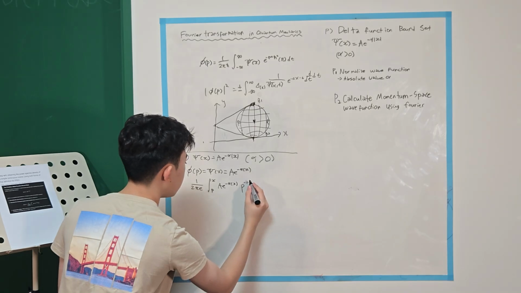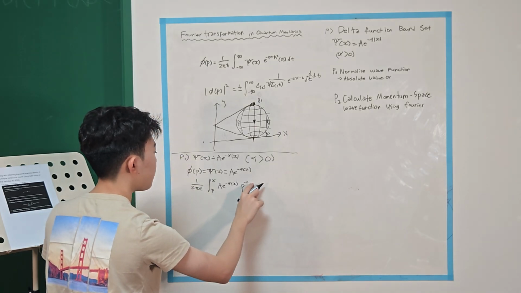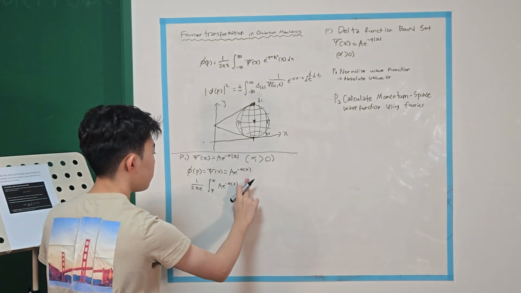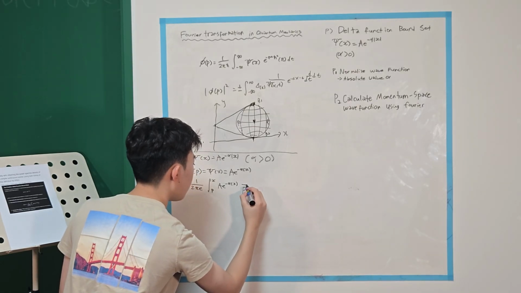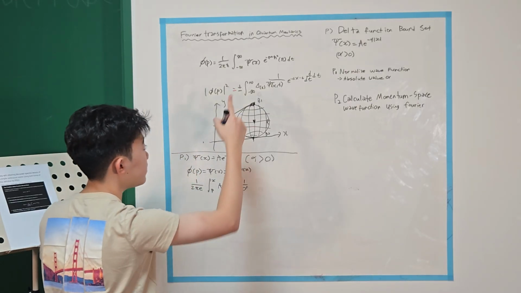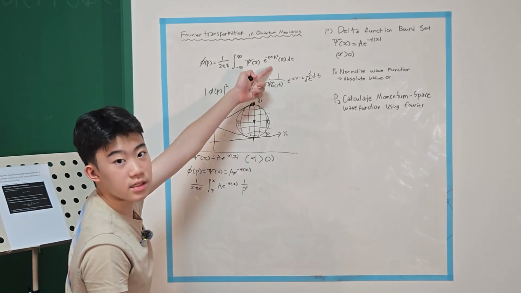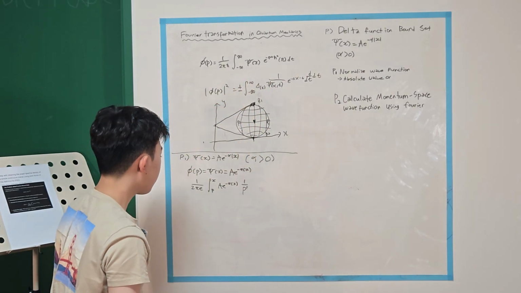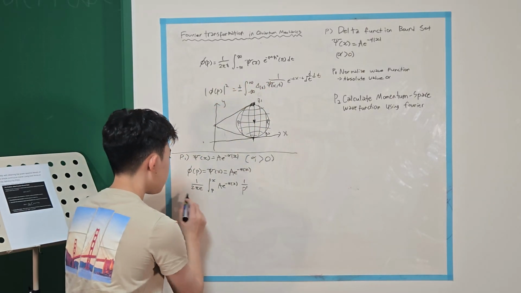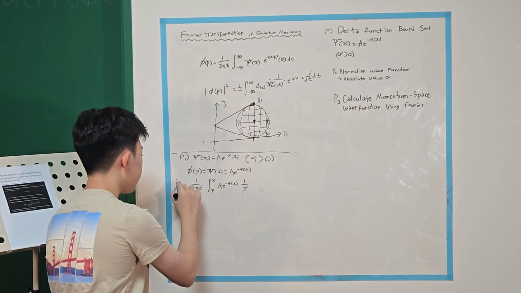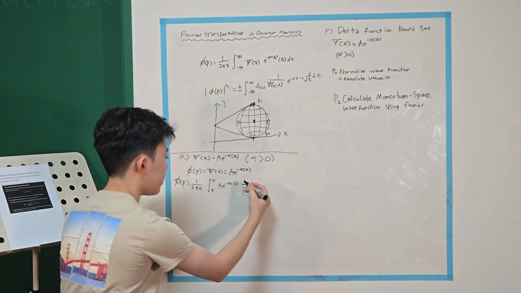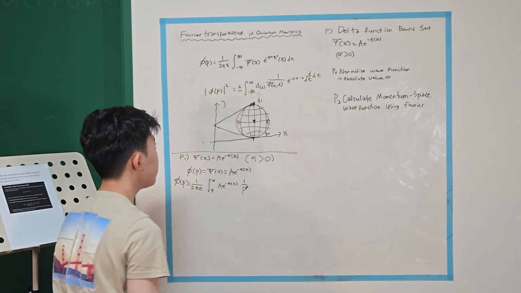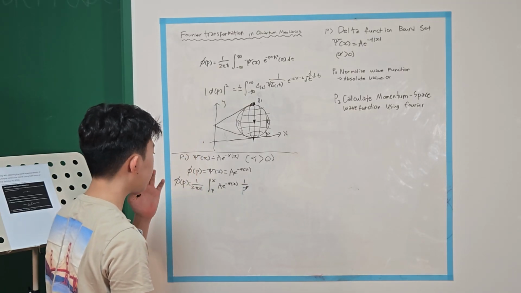Minus p, p to the power of minus p, so p to the power of p over 1 times the radius squared by pi.